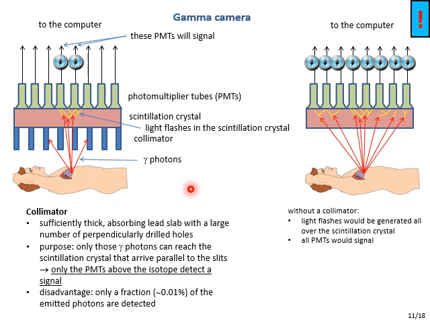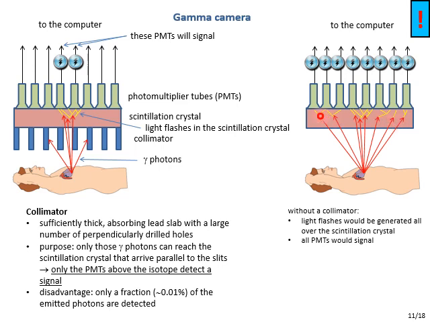And the right-hand side of the figure demonstrates the importance of the collimator, because here the collimator was removed from the device. This shows what would happen if there were no collimator. Gamma photons are emitted in all different directions, and in the absence of the collimator, all of these gamma photons are able to reach the scintillation crystal.